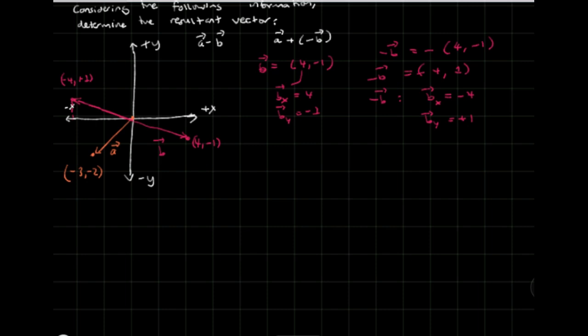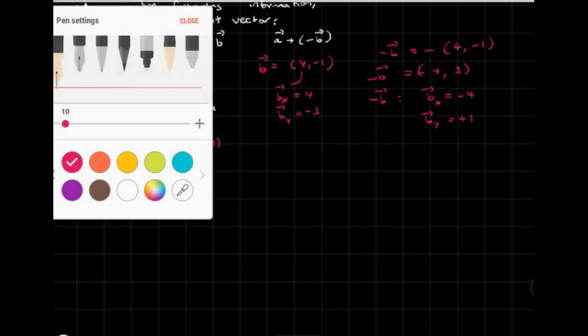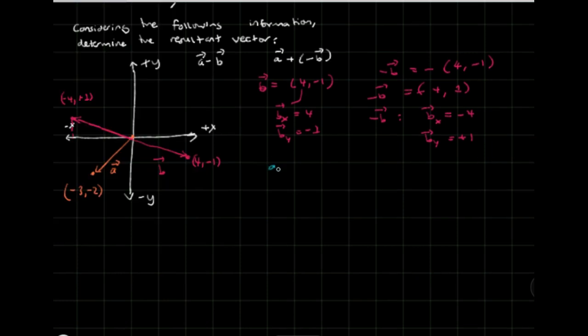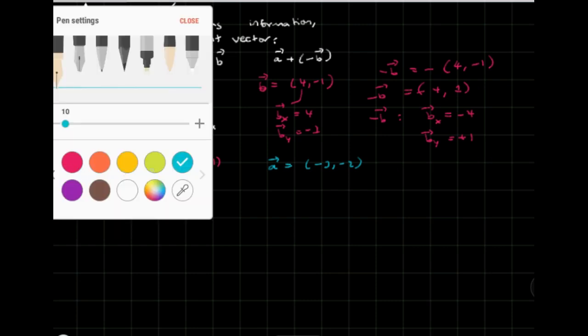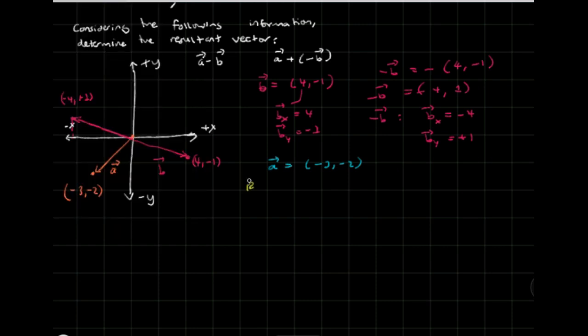Now we can use the same notion here and figure out the resultant vector, because we're also given vector A. Vector A was given as negative 3 and negative 2. This time the resultant vector is vector A minus vector B, which is vector A plus negative vector B. You just have to add all the x components together and the y components together.